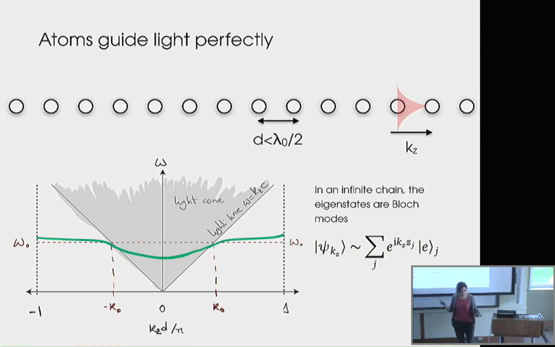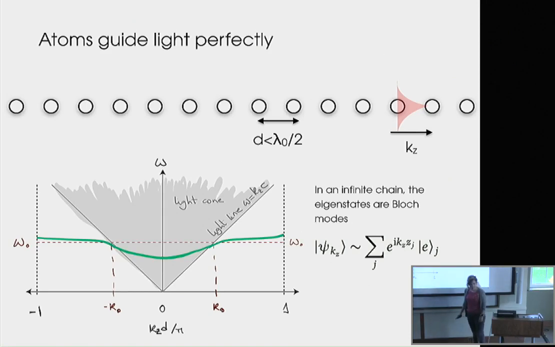In that case, I can diagonalize my Hamiltonian using Bloch waves, and I can plot the dispersion relation of my eigenstates. So this is the frequency, and this is the wave vector along the chain axis. And what I find for the dispersion relation once I diagonalize the Hamiltonian is this green curve, and it's centered around the atomic resonance frequency.